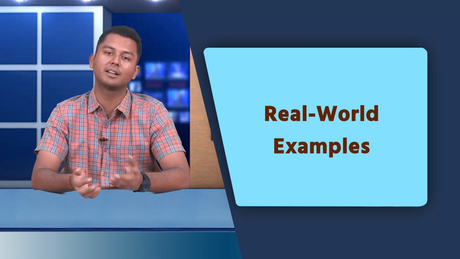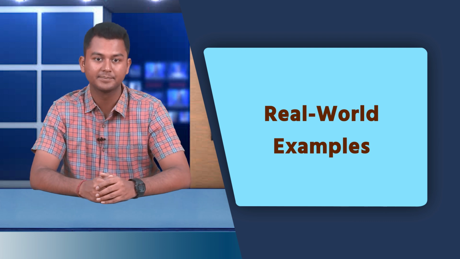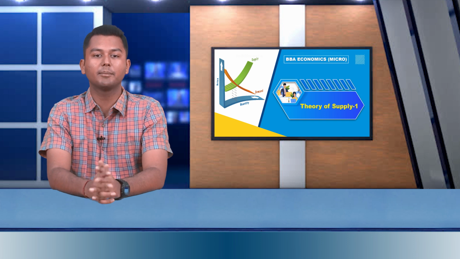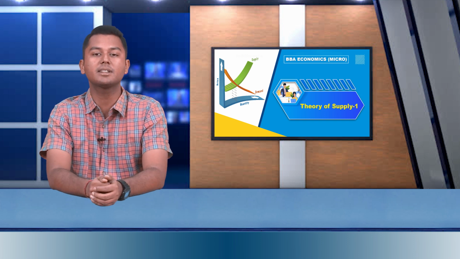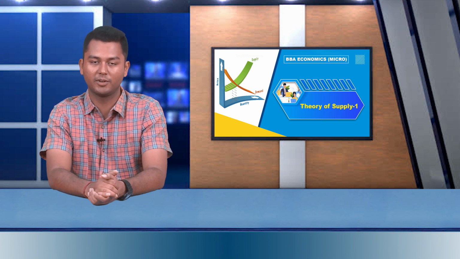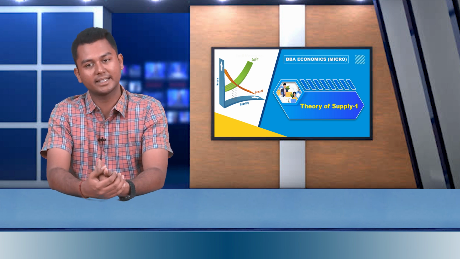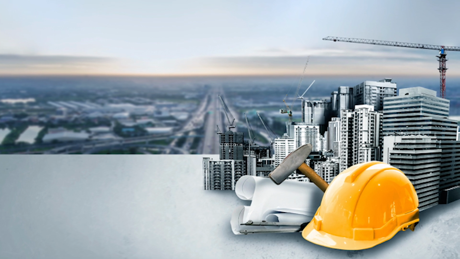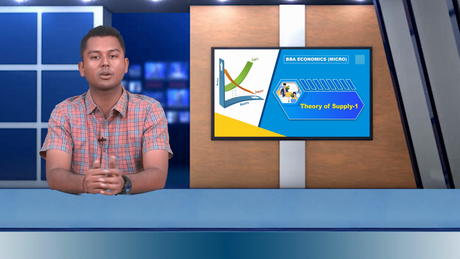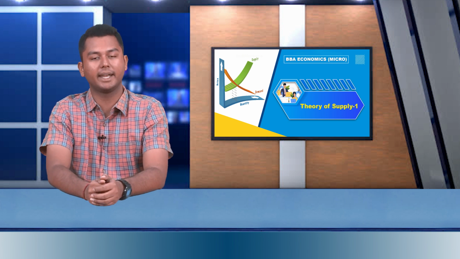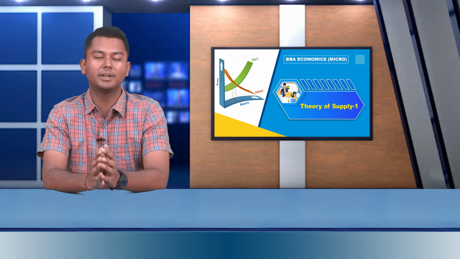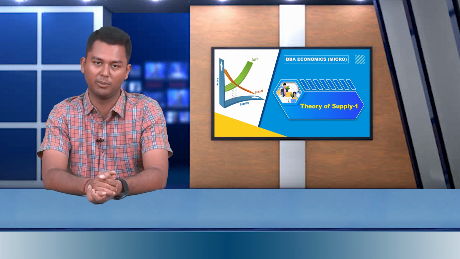Let us look at some real world examples for further clarity. Considering the housing construction industry, when property prices rise significantly, construction companies increase building activity to take advantage of higher profit margins. More builders enter the market and existing companies start new projects. In agriculture, farmers respond to higher crop prices by planting more acres, using more intensive farming methods, or switching from less profitable crops to more profitable ones.